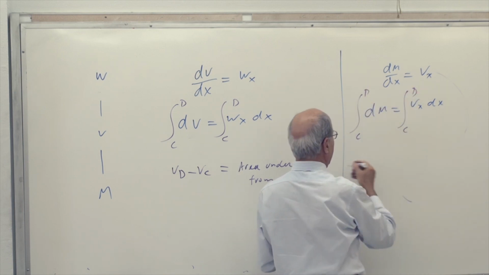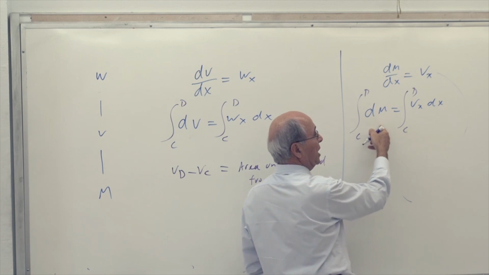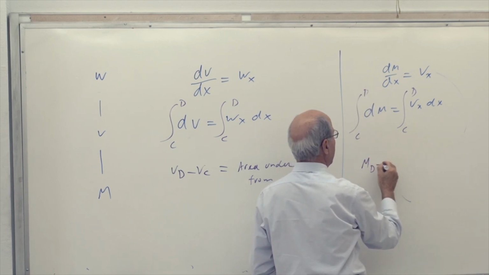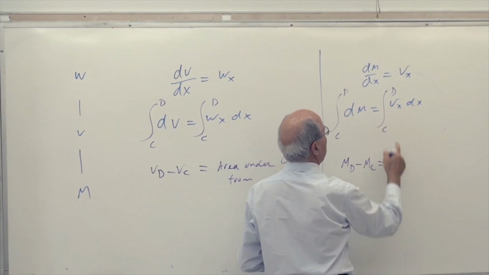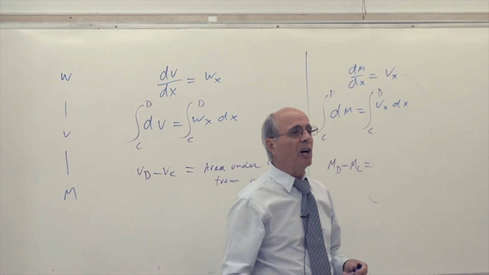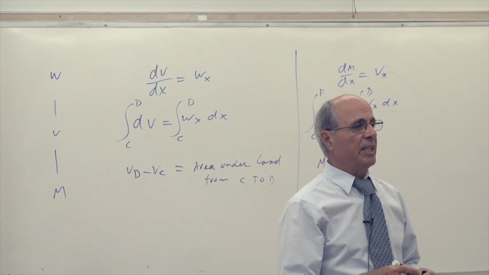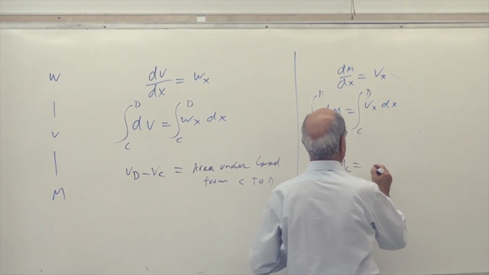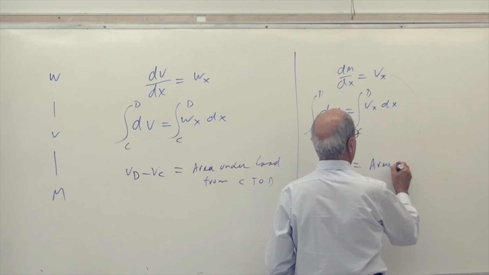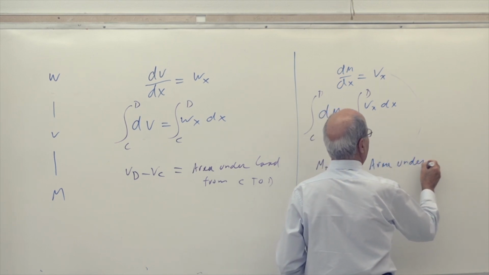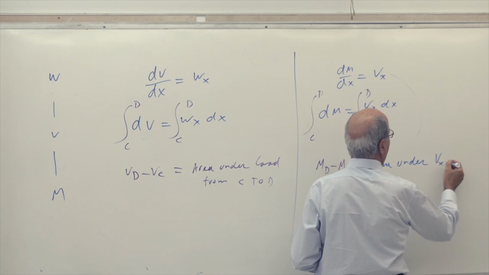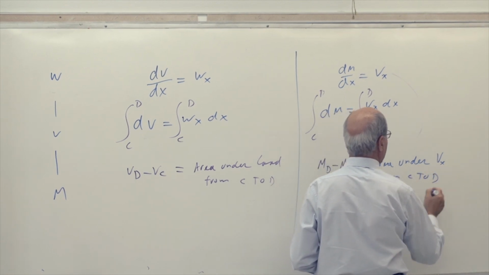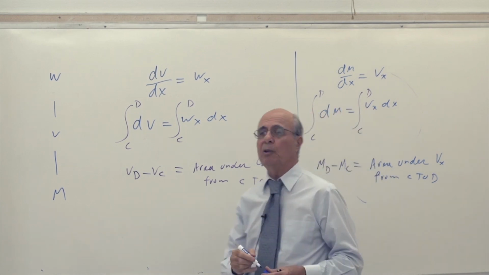The left side becomes M: the integral of dM is M evaluated between these two points, so it becomes M_D minus M_C. This side is the area under the V function, or shear function. So you write it: area under shear function from C to D. This method is called the area method.